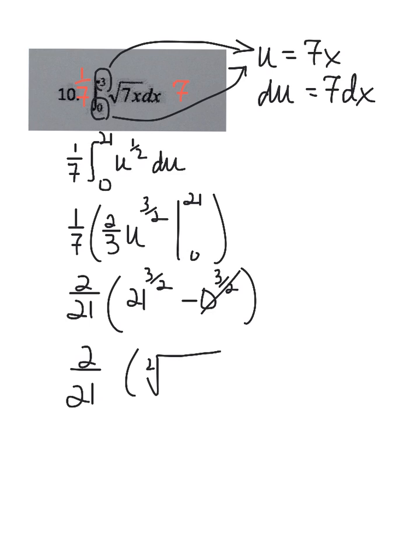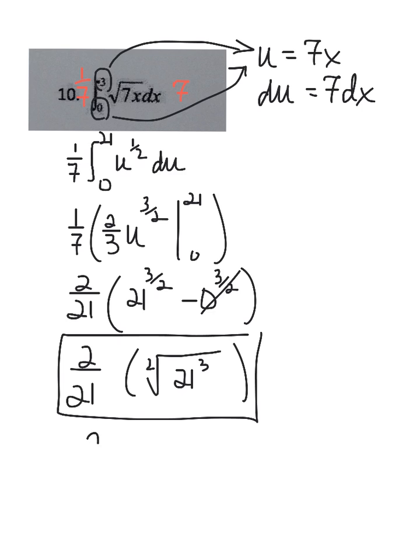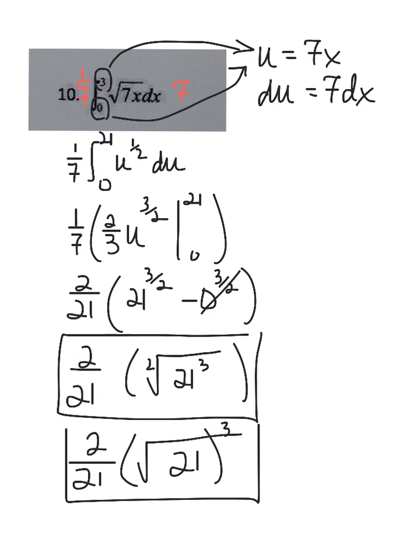And then that's 21 to the 3rd power. You can write it like this if you so choose. And this could be your answer, or if you prefer, you can do 2 over 21, square root of 21, and you can put the exponent outside parentheses like that. That's also okay. That's up to you, whichever way you prefer.